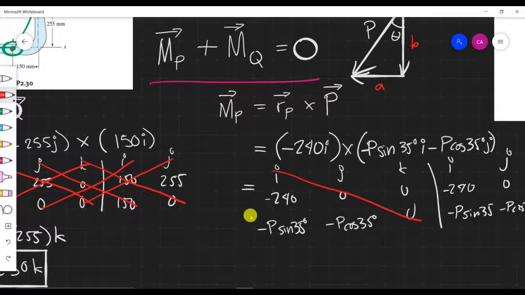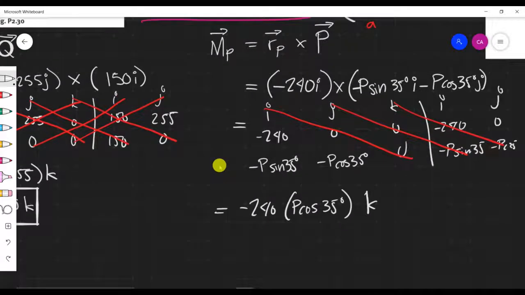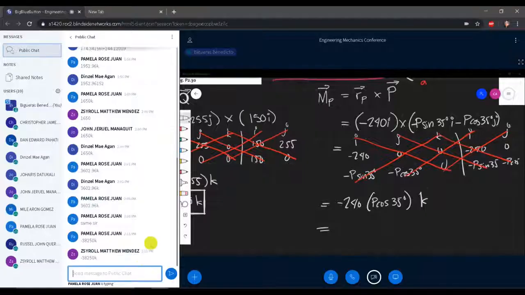Then, 0, 0, may value. So, magiging negative 240 times P cosine 35 K. Then, 0, 0, 0. Ano ang ating value? Ano yung coefficient? Pa-compute yung coefficient. Sigurado may PK yan. Okay? So, 240 times cosine 35.